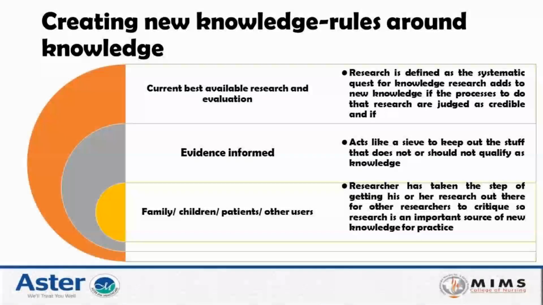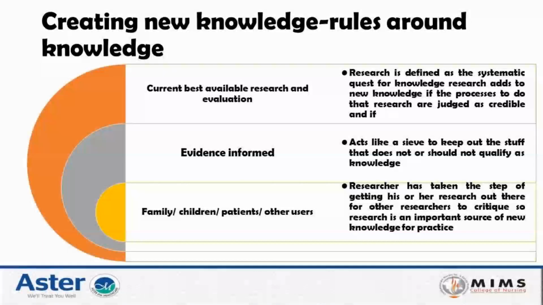Then, creating new knowledge, rules around knowledge. We know the levels of evidence in systematic review and evidence-based practice; you might have seen that cone or triangle which says which one comes first: systematic reviews first, then RCTs, then descriptive studies. Like that it comes.